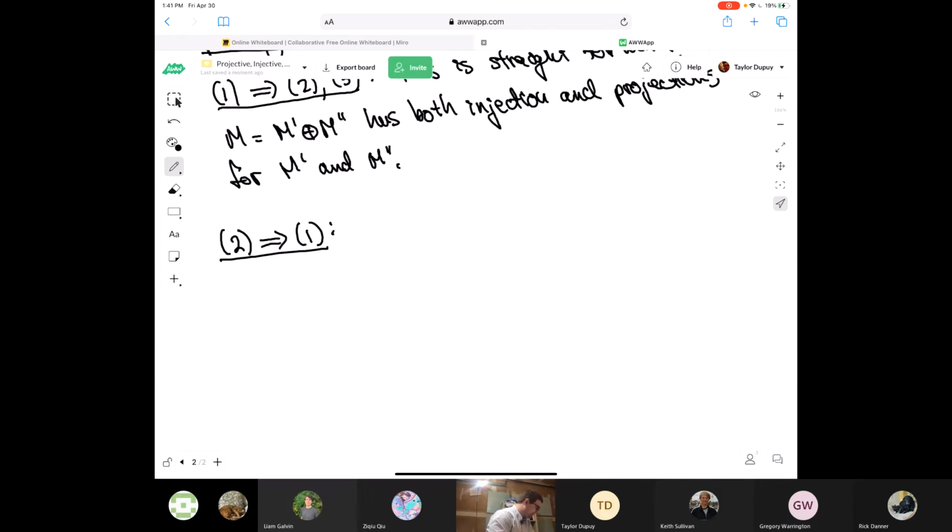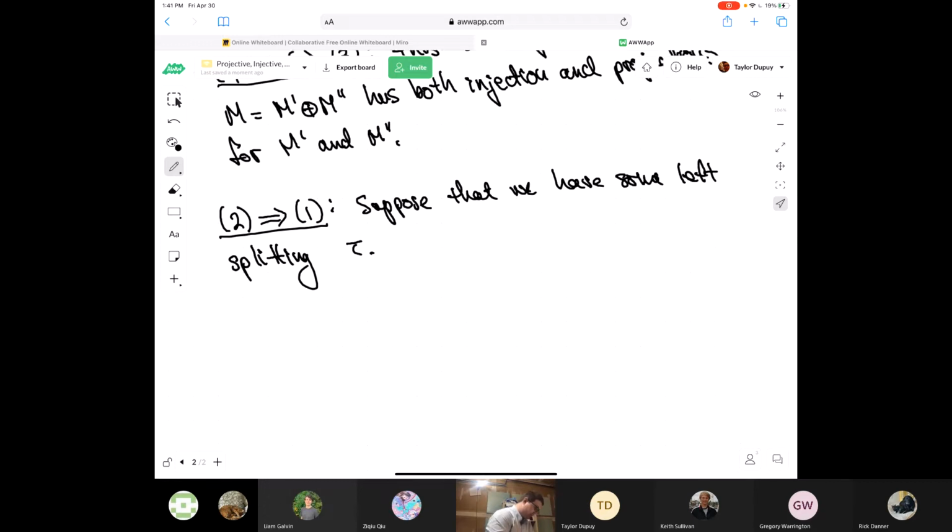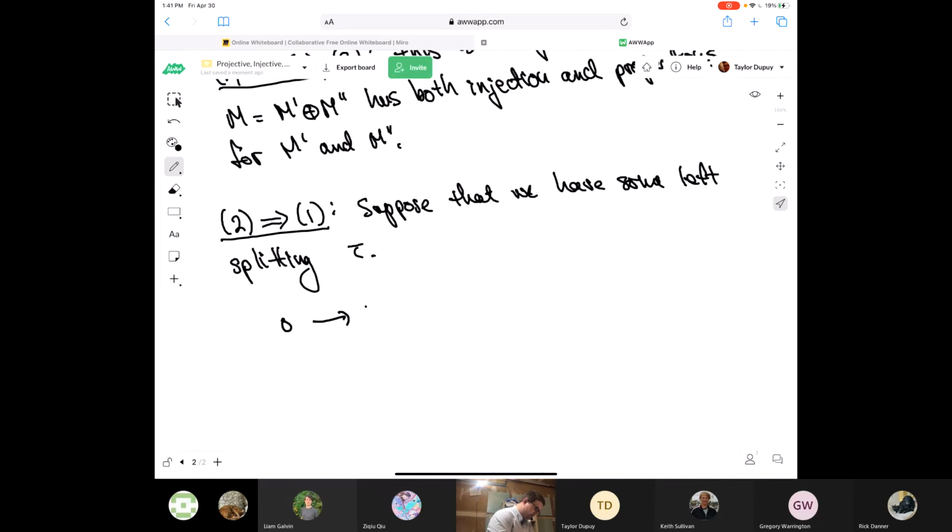Suppose that we have some left splitting tau. Here we have 0 goes to M prime, goes to M, goes to M prime prime, goes to 0, and then we have this thing tau, where if I include J and then go back with tau, we have the identity.